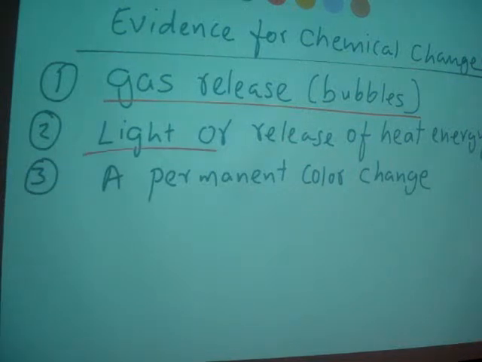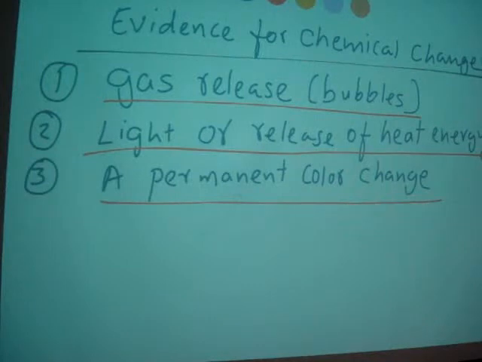Light or release of heat energy. When you mix something and it gets too hot or too cold, or there is a release of light, that's where you can say a chemical change occurs. Then the third one is a permanent color change.